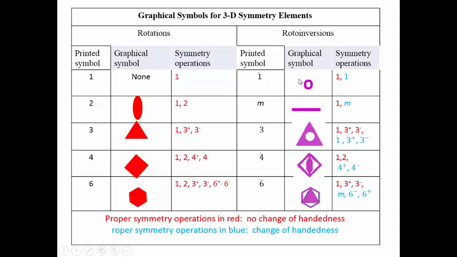And we color all of these purple because their operations are half red and half blue associated with them. Now I suggest you go to chapter 8 and look in more detail at how I arrive at some of these colors.